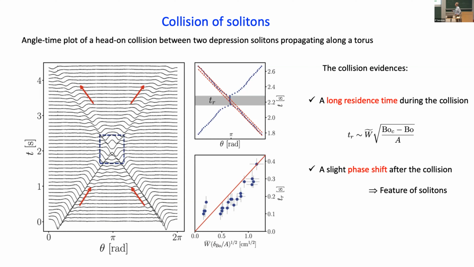We mark only the minimum by the dot, and you see that the collision evidences a long residence time that is proportional to the width of the torus and inversely proportional to the square root of the amplitude of the solitons. And you see also that they experience a slight phase shift after the collision. So these also are features of solitons.